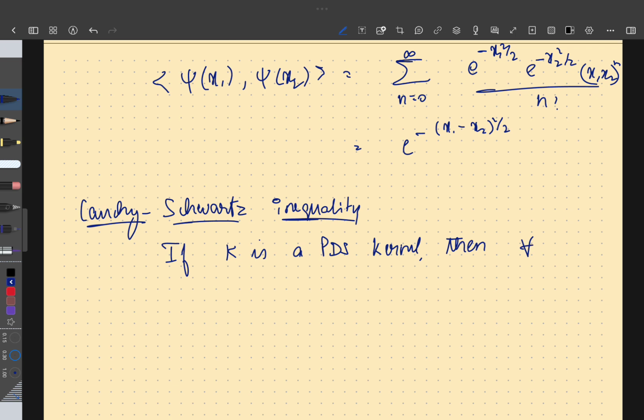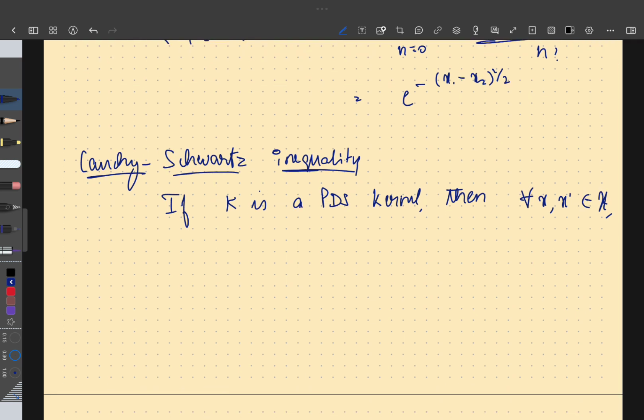Then for every pair x, x prime, k of x, x prime squared is less than or equal to k(x, x) times k(x prime, x prime).